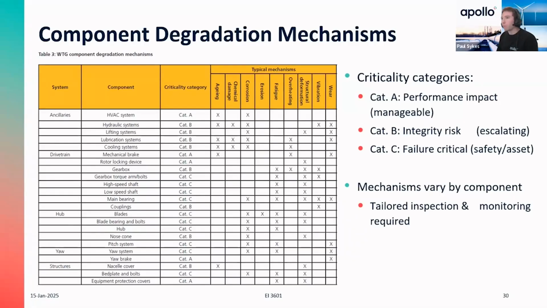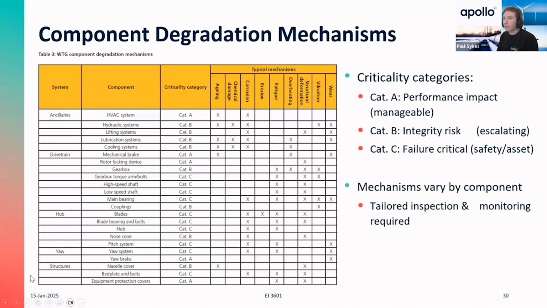Whereas category B would be components where failures can escalate into integrity issues if not addressed. So you've often got a limited time of continued operation, but with an increasing risk. And then category C would be components whose failure could lead to a catastrophic consequence. So that's major structural damage or safety hazards or just a prolonged loss of operation.